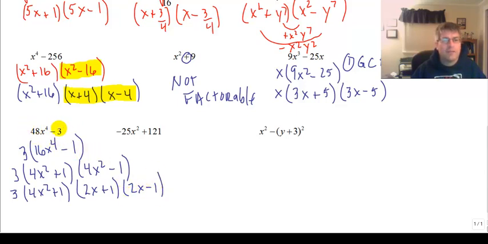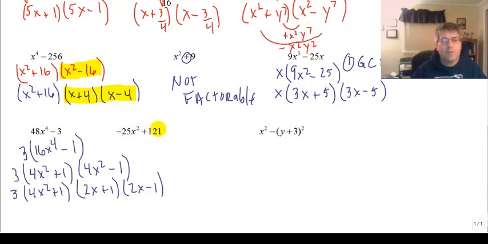So 48x to the fourth minus 3 can be factored all the way down to 3 times 4x squared plus 1 times 2x plus 1 times 2x minus 1. And if you multiply this all together, you would get 48x to the fourth minus 3.